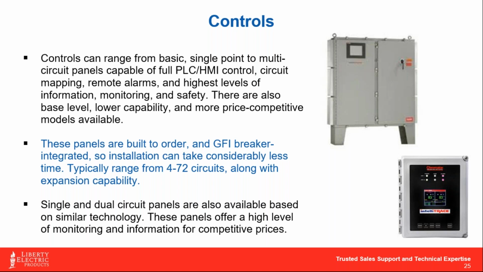So again, you can work off a standard 30 amp 2-pole breaker out of your main panel, let's say. But the nice thing about these smaller 2-circuit panels is that they're much more affordable.